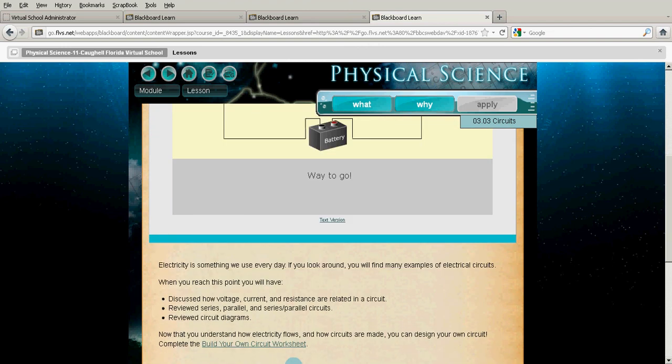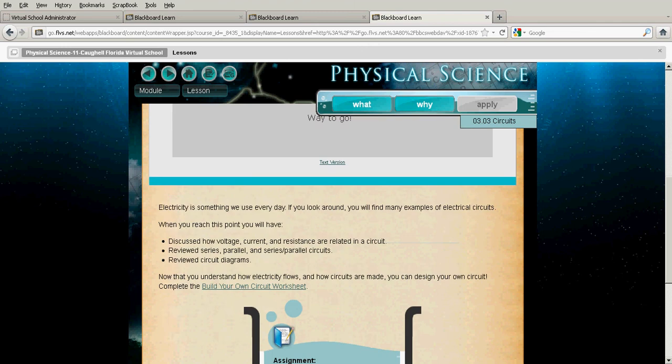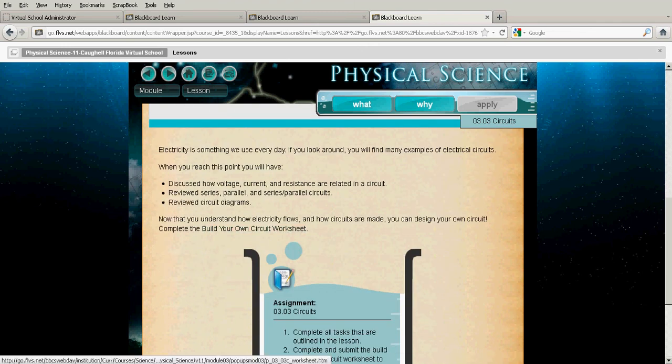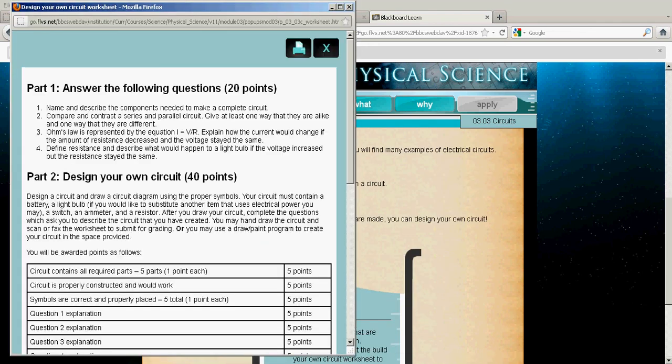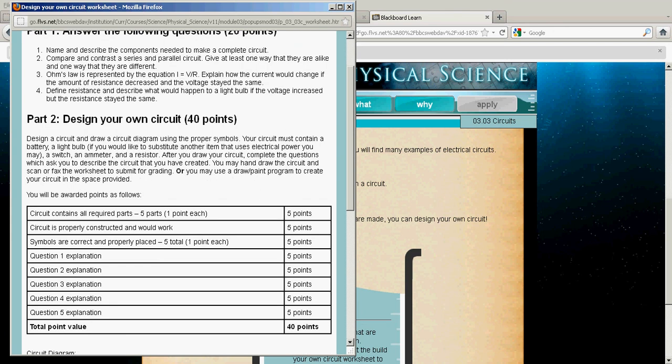All right, now you've had great examples of what parallel circuits and series circuits look like, and we know we have many examples of electrical circuits around us everywhere we are. Now what you're going to do is build your own circuit. You're going to answer the questions in parts 1 through 4, and then you're going to design your own circuit.